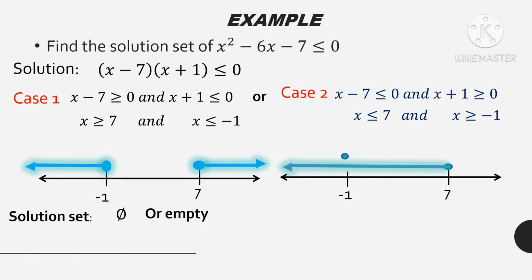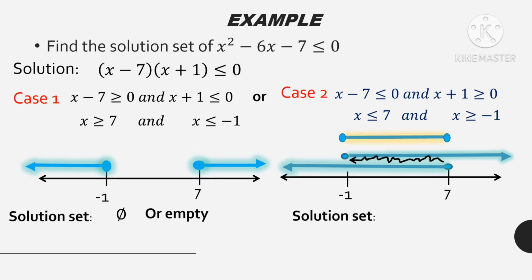Okay, so the graph of x is greater than or equal to -1. So that's -1. Closed circle because -1 is included. When I say greater than, meaning it's going to the right. So the two graphs intersect between -1 and 7. So meaning yung -1 is included, positive 7 is included, and all numbers between them.